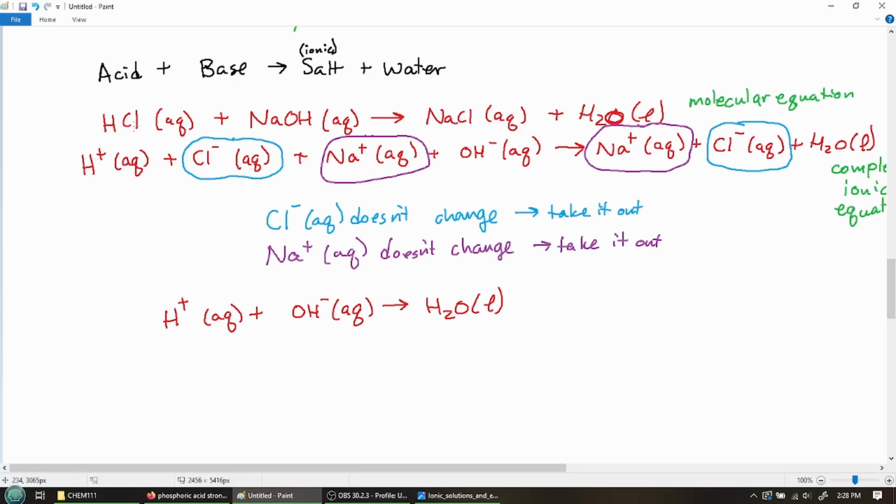So the complete ionic equation includes the ions for this species, even though hydrochloric acid is covalently bonded, because it ionizes in solution. The same thing is true with sodium hydroxide. When this splits apart, we form a sodium plus cation and a hydroxide anion.